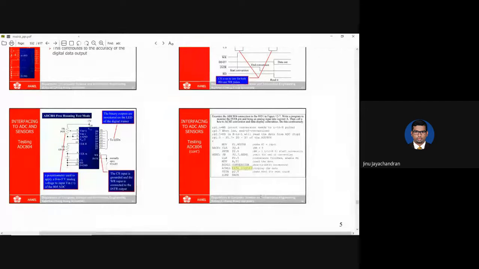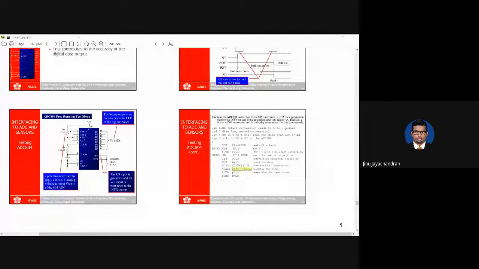Nothing? Okay, fine. So I'll post the assignment now. Today you want to do the conversion from hex to ASCII, and the hex value is the one you are getting from the ADC, which you will convert to ASCII, because tomorrow we are going to display this ASCII value on an LCD. Tomorrow we will also see how the LCD works, what the control signals are, and what the steps to initialize the LCD are.